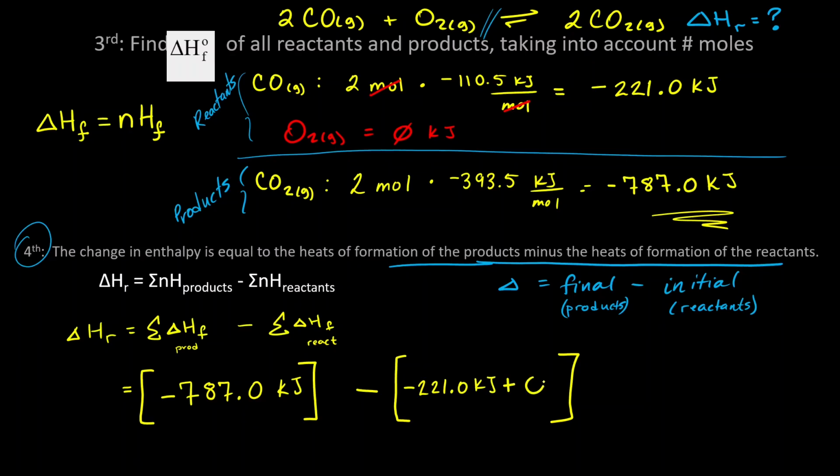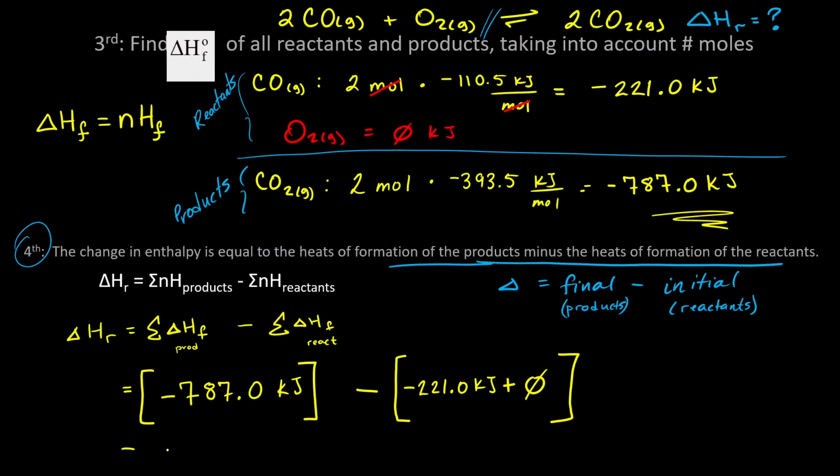And oxygen. So it's the sum of the delta H formation of our reactants. That's why I put a little plus sign there. It is 0. It doesn't matter. We all know that, but I'm putting it in anyways. So this time, you've got negative 787 minus negative 221. So that's plus 221.